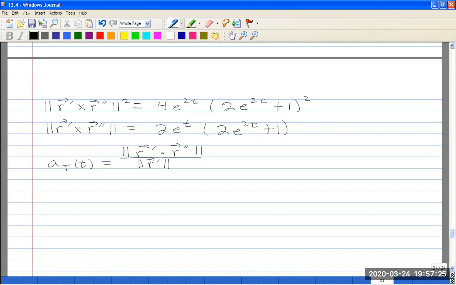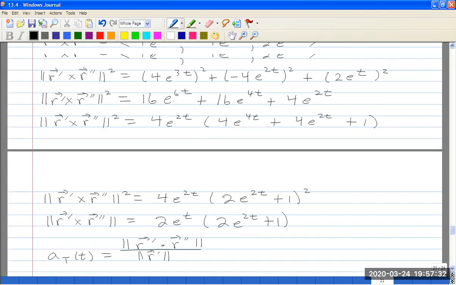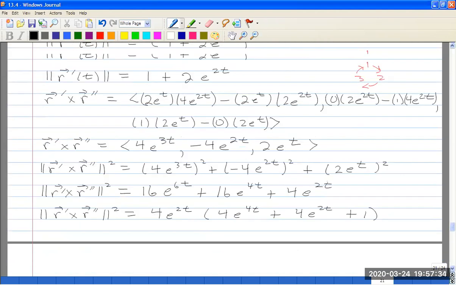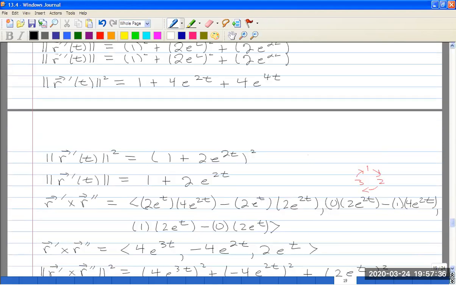So if I do that, the dot product and divide by that.